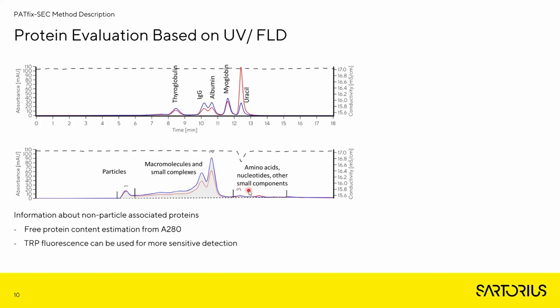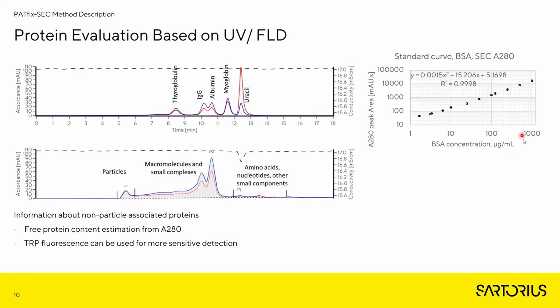The light absorbance for particles is usually relatively low. Also, the signal ratios would be affected by the scattering effects. But later in the elution, we can follow the proteins, and the assessment of integrated area below the signal allows us to evaluate free protein contents in the sample.